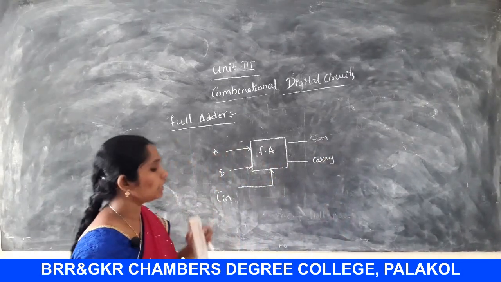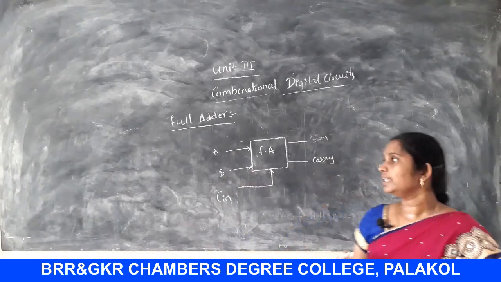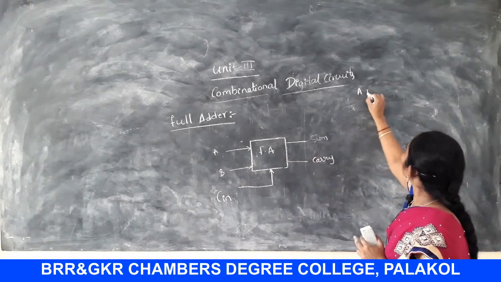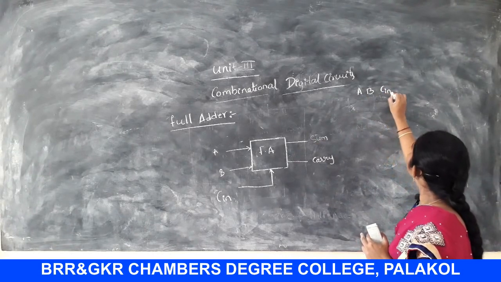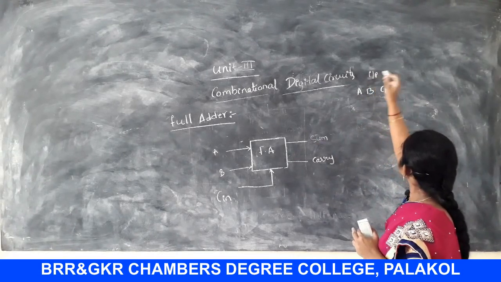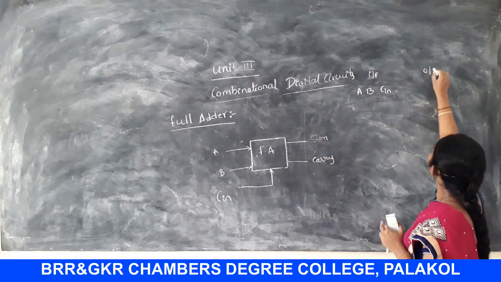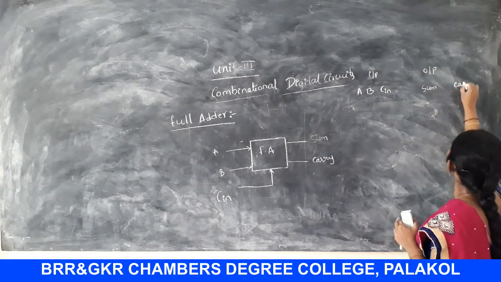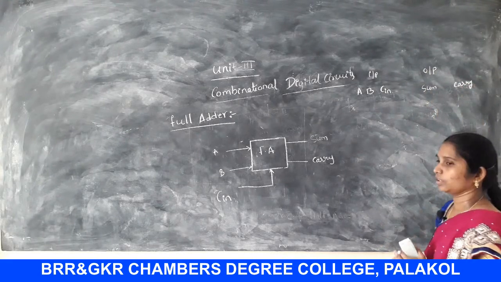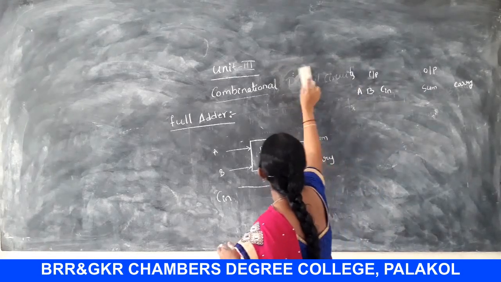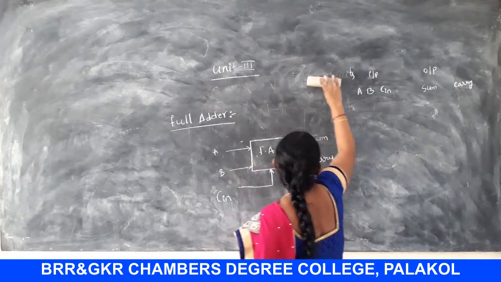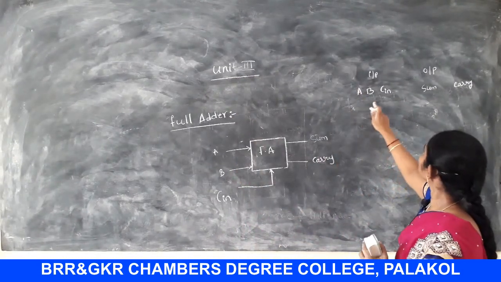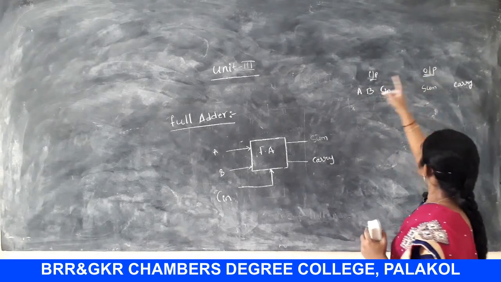Okay. Now we will draw the truth table for this full adder. I consider 3 inputs, A, B and Cin. These are the inputs, and we have 2 outputs, sum and carry. Here we take 3 inputs.